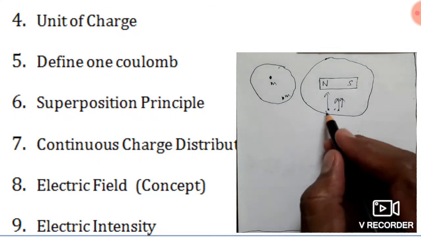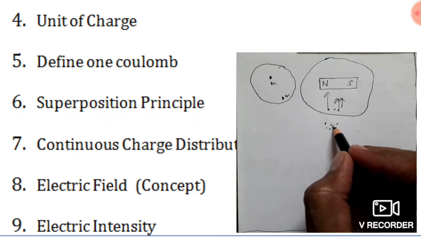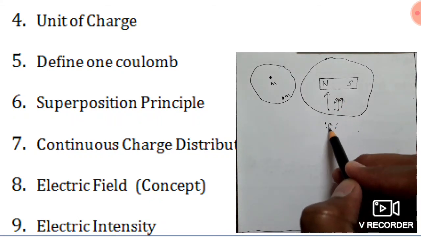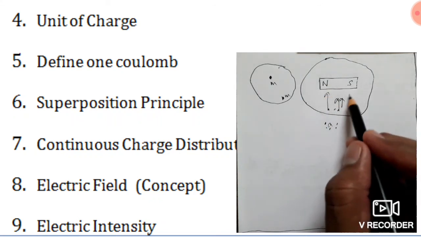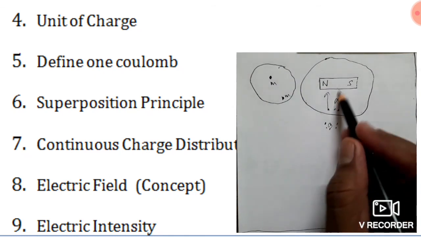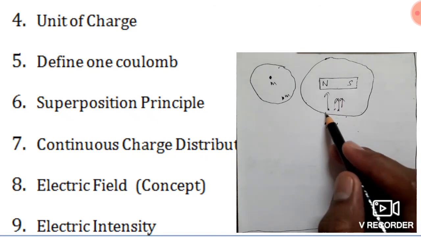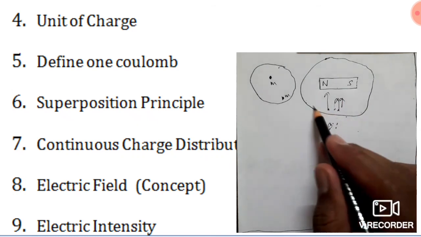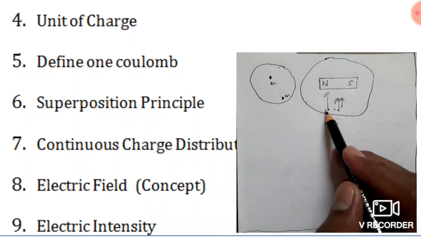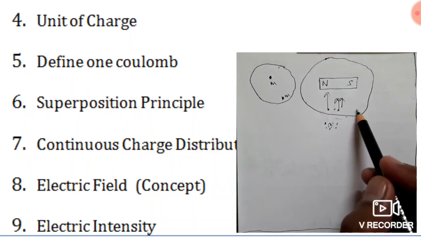But if we keep the iron outside this field, it will not feel the attraction because it is away from the magnet, outside its range. This is the range of the magnet. So this is the magnetic field.